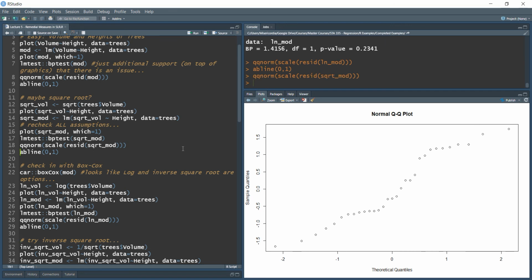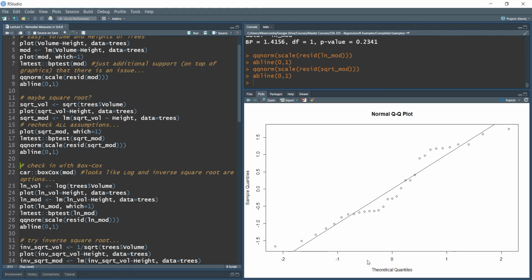Comparing my square root model normality to the model normality from the log transformation, it looks like the log transformation has these little points here which throw it a little bit further off than the square root, which is a little bit smoother. So I'd say the log transformation is a little bit worse in terms of normality than the square root transformation, though the log transformation is a little bit better in terms of the homogeneity of variance.